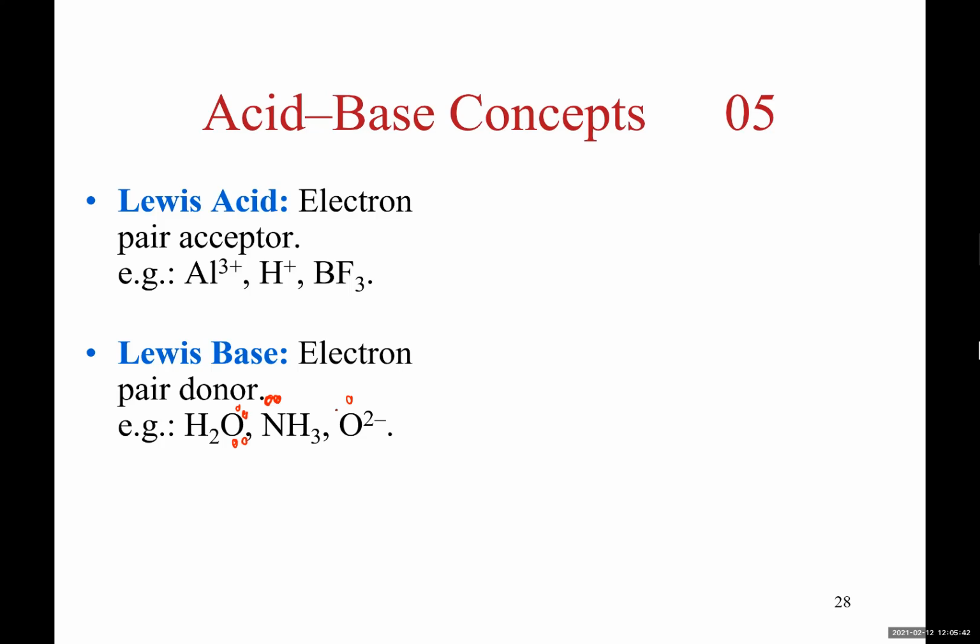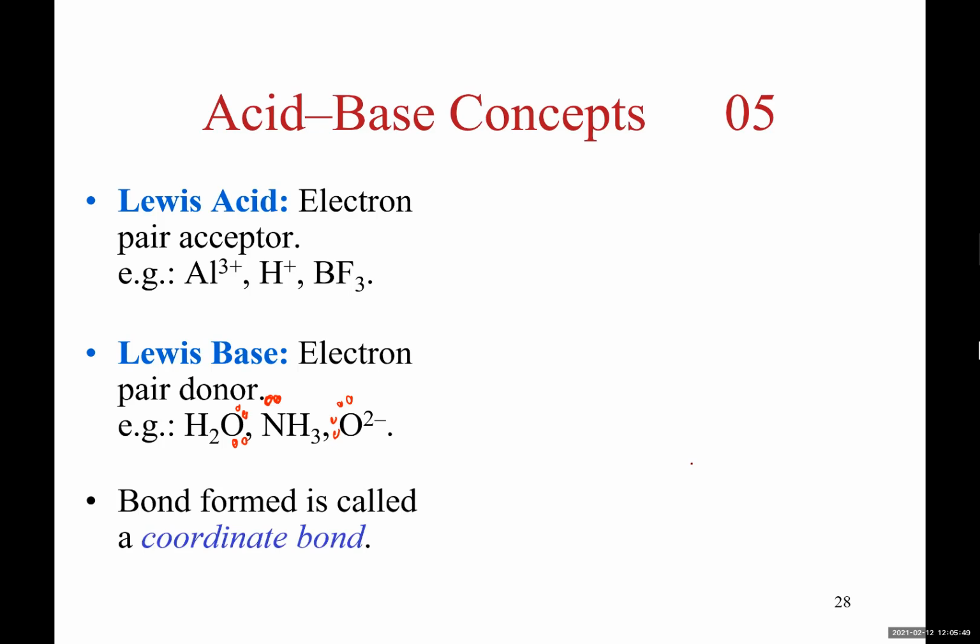And O minus 2, of course, has got electrons which it can donate. So in these structures, one molecule is going to give electrons. Another molecule brings an empty orbital to accept the electrons. What is resulting from this electron donor and electron acceptor? You form a bond, and we call that bond a coordinate bond.